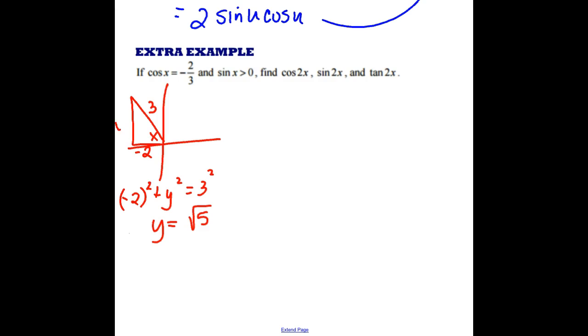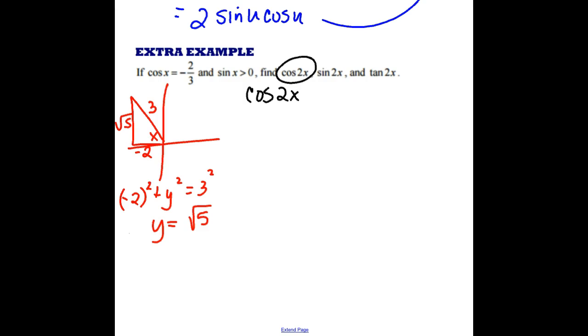Okay, so we'll put a root 5 there. And now based on that triangle, we really know sine, cosine, and tangent of the angle, right? They're asking us to find the sine, cosine, tangent of the double angle. So we'll start with sine. Never mind, we'll start with cosine.